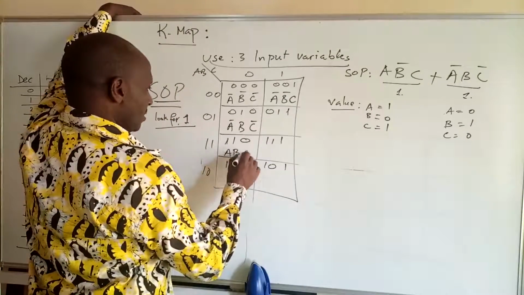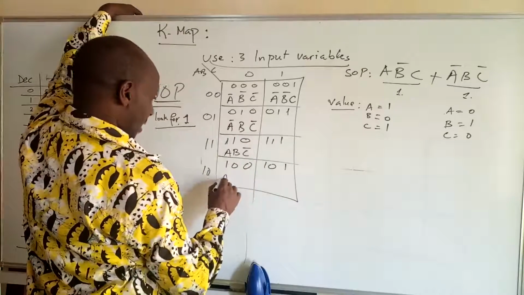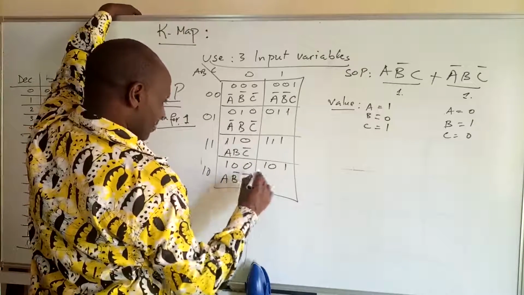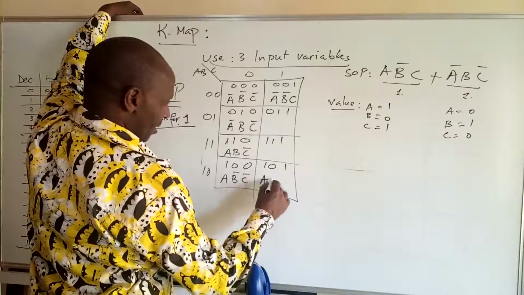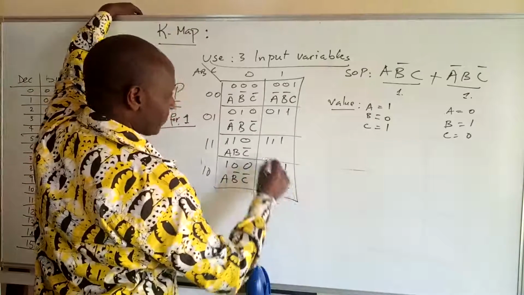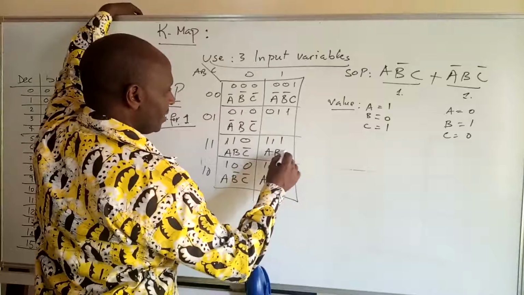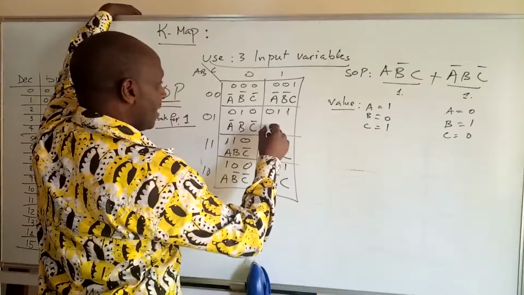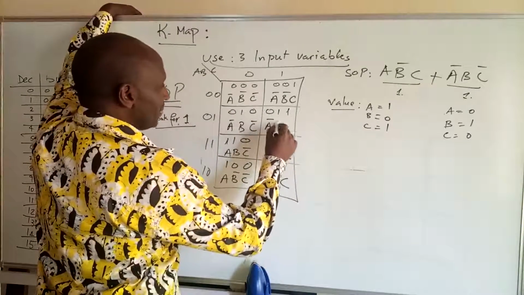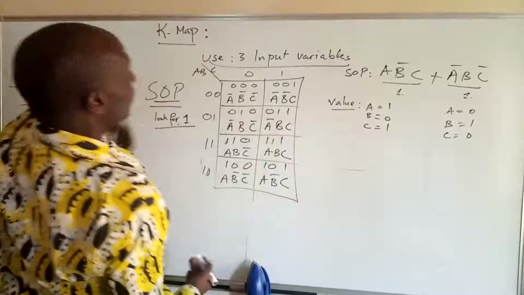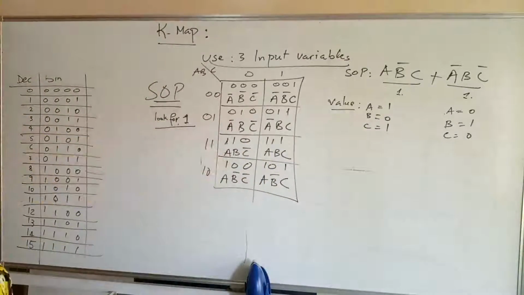A, B, C bar. A, B bar, C bar. A, B bar, C. A, B, C. A bar, B, C. Good. So we have already put the values, my friend.